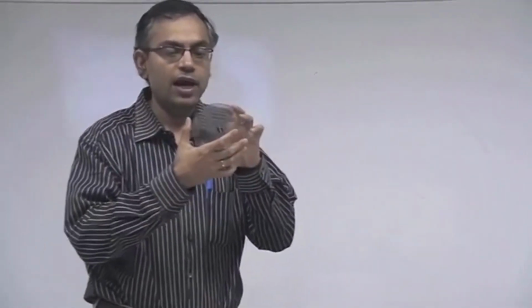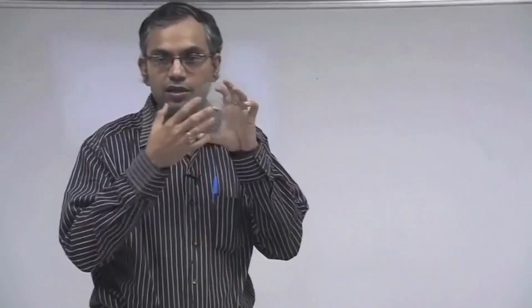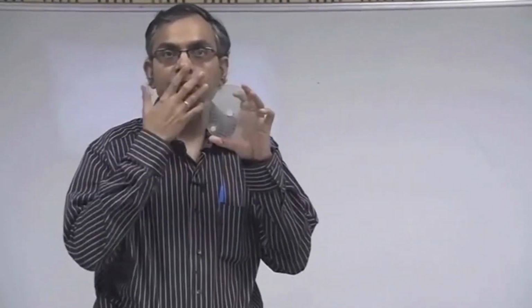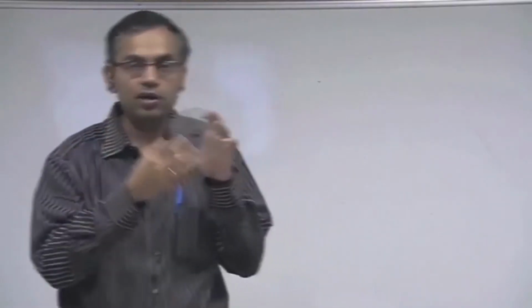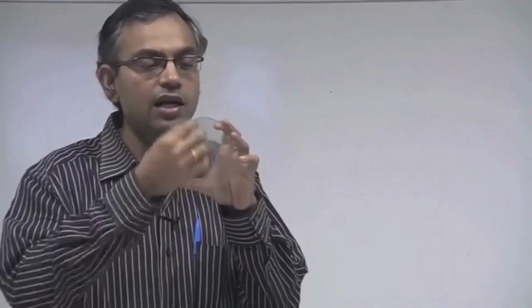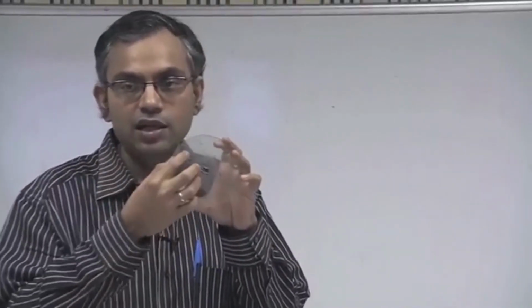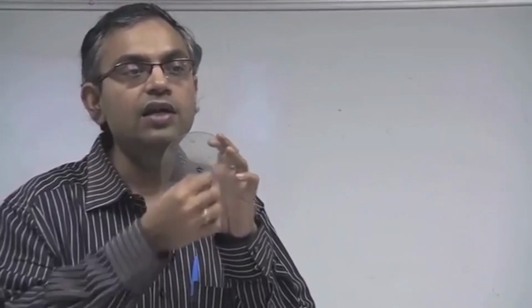So this is a typical example where you have a disc. Now this disc has several channels. The camera will not be able to capture all the channels, but this disc has several radial channels, cross radial channels, and there are various holes which are like reservoirs.